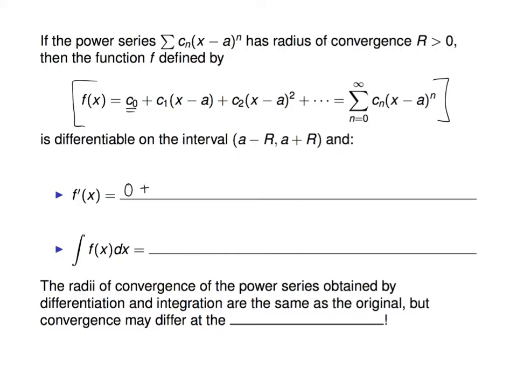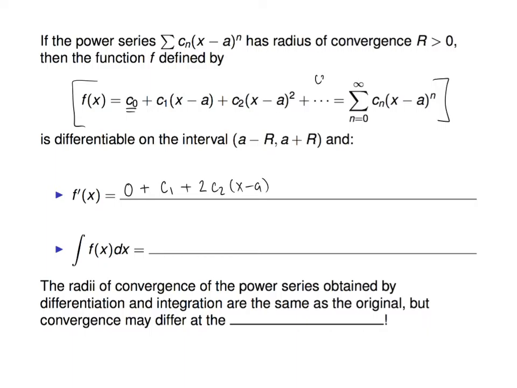Okay. What's the derivative of c1 times x minus a going to be? Just c1. Does that make sense? What's the derivative of c2 times (x minus a) squared going to be? 2c2 times (x minus a). Uh-huh. And let's just pretend I had one more there.